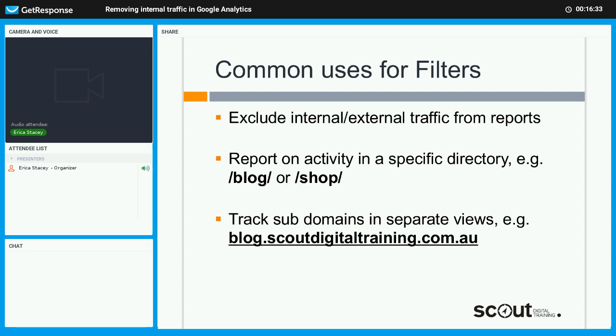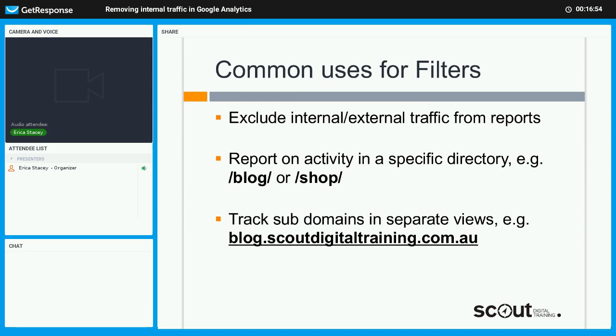And that subdomain you can see on the screen as an example, where you may have a section, again, such as a blog or a shop, and the subdomains are denoted as that short phrase like blog dot before the main domain. So we've been talking with them about setting up different views.